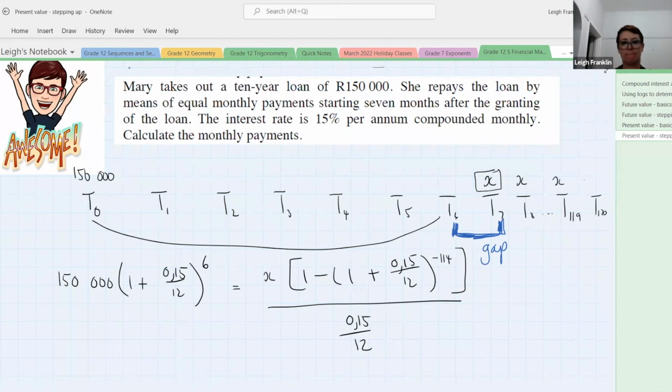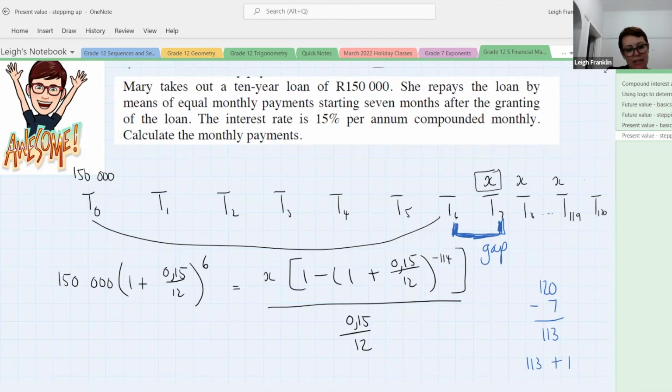So the idea is this: if you start at T7, and that's when you make your first payment, and you pay up to T120, you're going to say 120 minus 7, which should be 113, but then you need to add 1, because remember, you need to count that you are starting at T7.